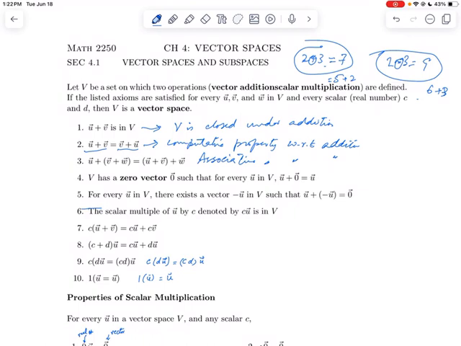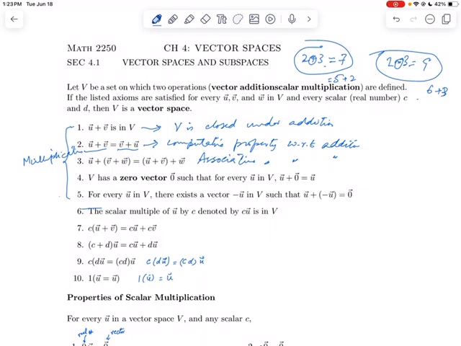So the next ones are saying, so these were basically all axioms related to addition. And now we are talking about multiplication. Note here, we did not mention anywhere vector product or vector multiplication.